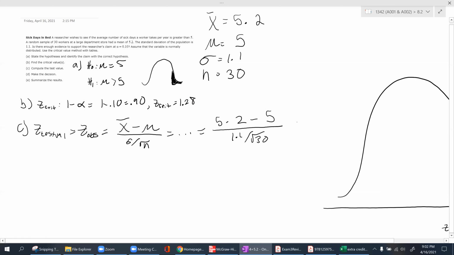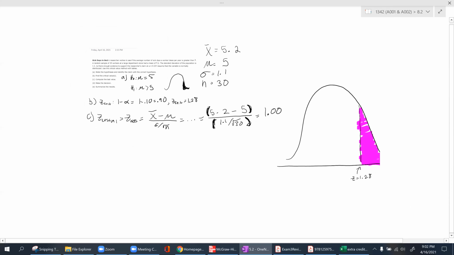If you're going to put this in the calculator, put a parenthesis here, divide, open a parenthesis, do 1.1 over the square root of 30, and the value you should get is 1.00.